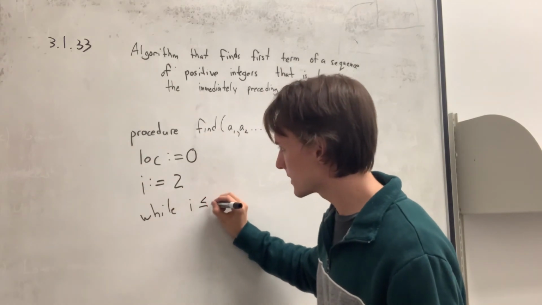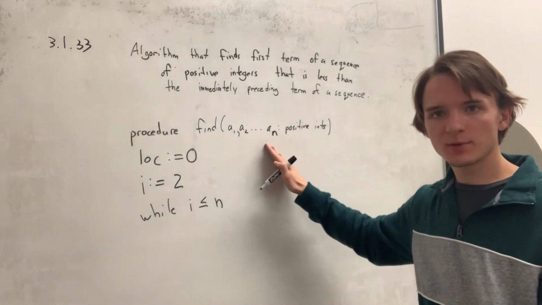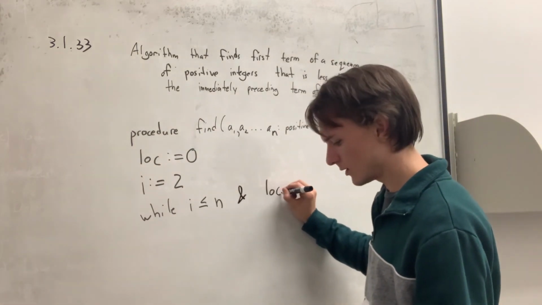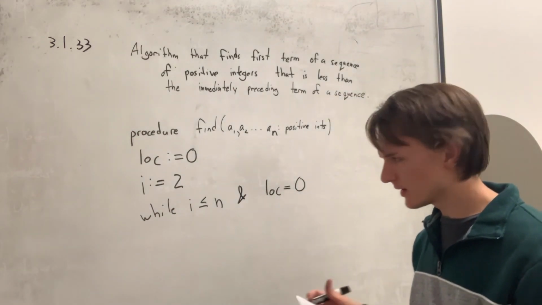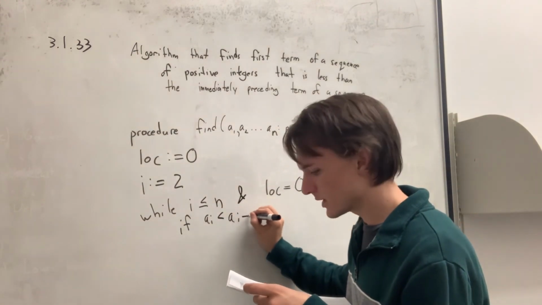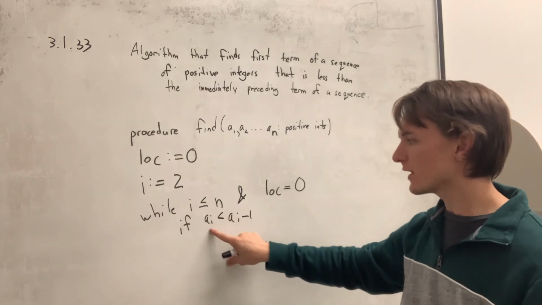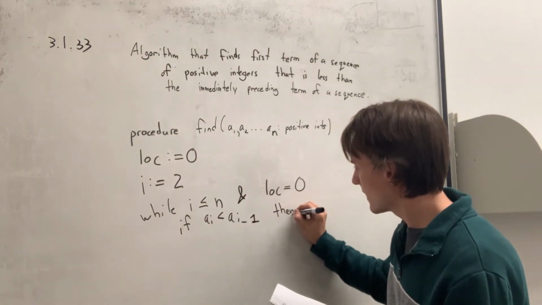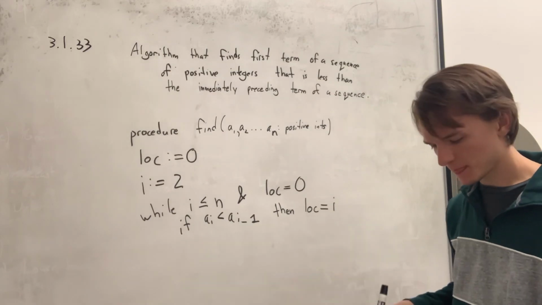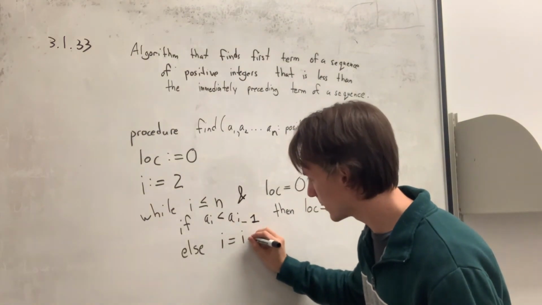While I is less than or equal to n, remember we have n number of values as input, so that's where n is defined, and LOC is equal to 0: if A of I is less than A of I minus 1, so that's less than the immediately preceding term, then location is updated to the position of I, the value of I within our loop. Else, I is equal to I plus 1.